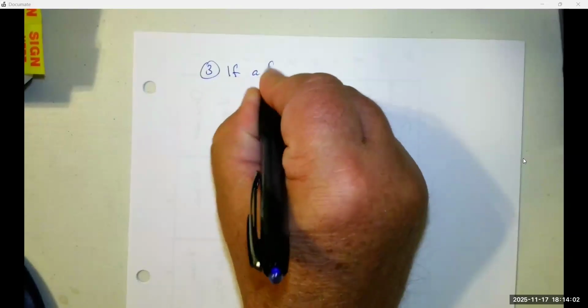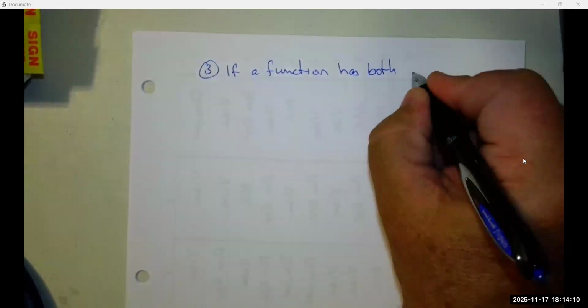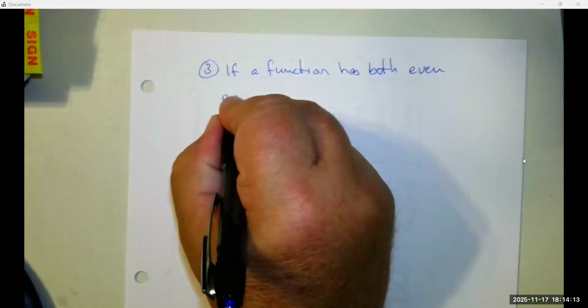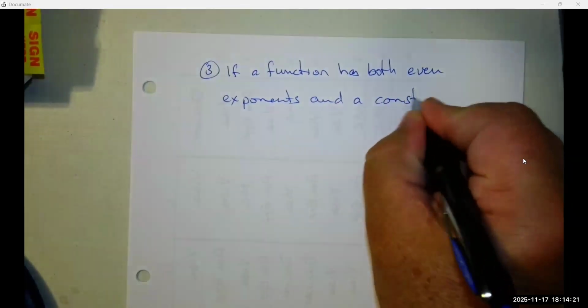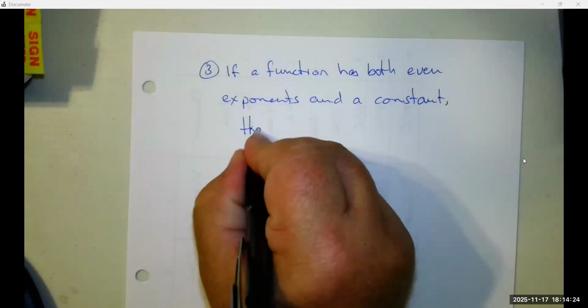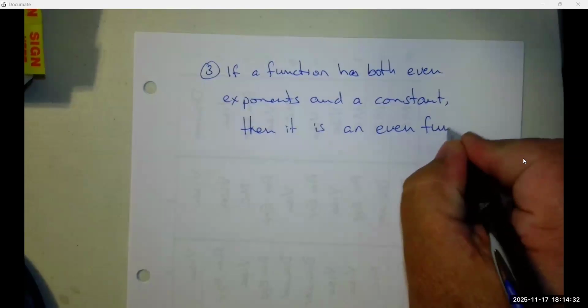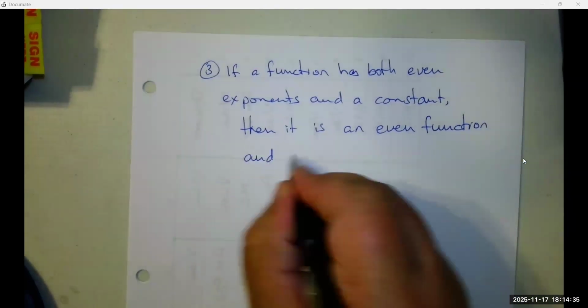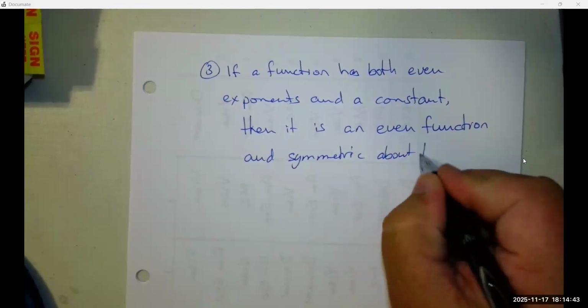If a function has both even exponents and a constant, then it is an even function and symmetric about the y-axis.